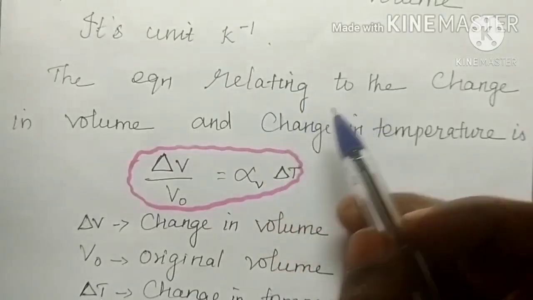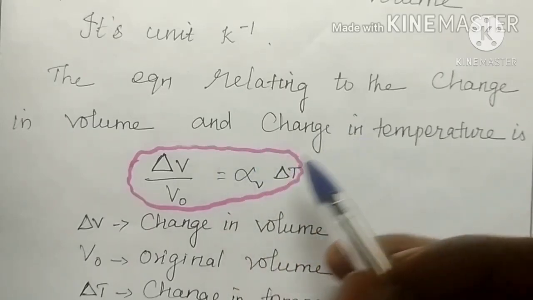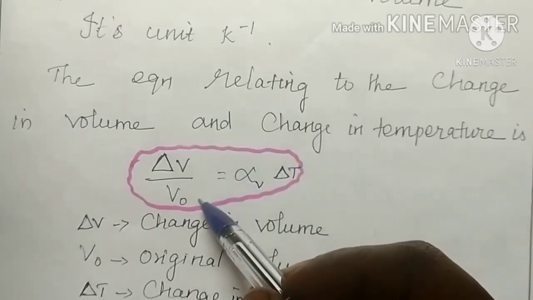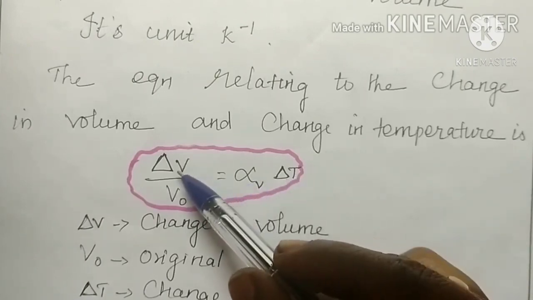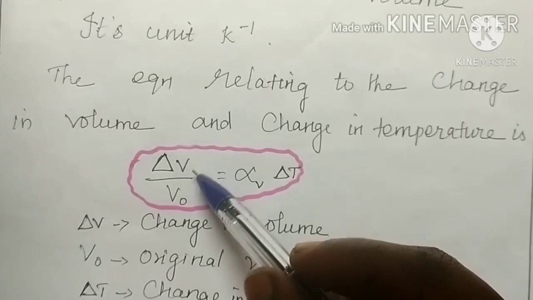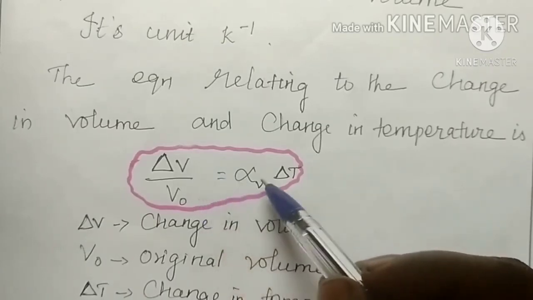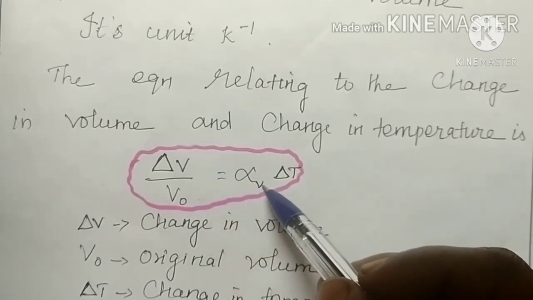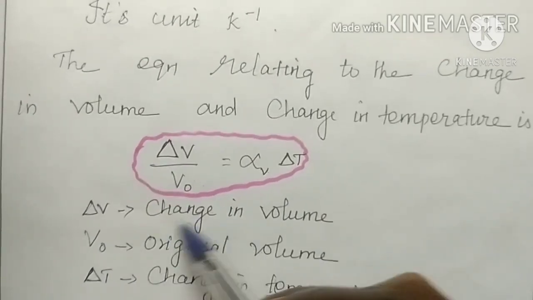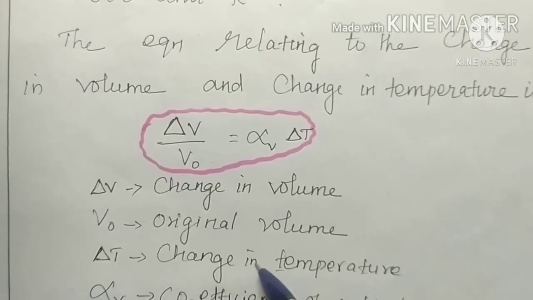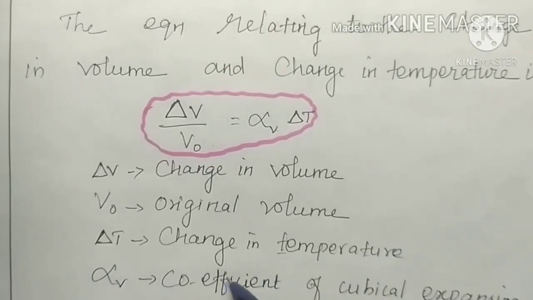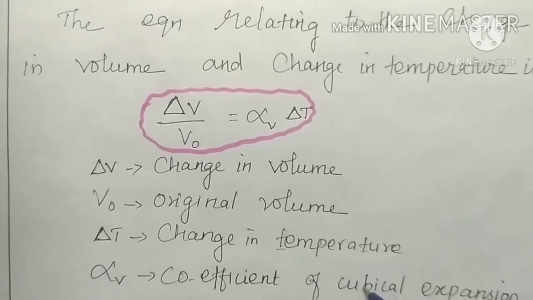The equation relating the change in volume and change in temperature is delta V by V0 equals alpha V into delta T. Here delta V is the change in volume, V0 is the original volume, delta T is the change in temperature, and alpha V denotes the coefficient of cubical expansion.